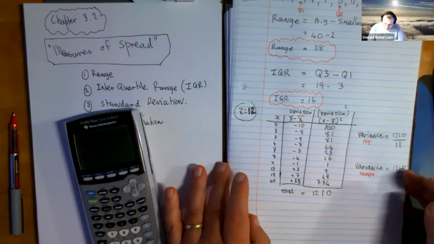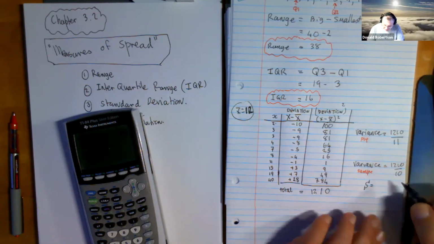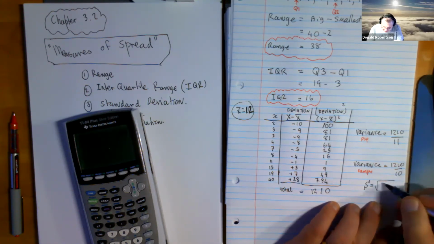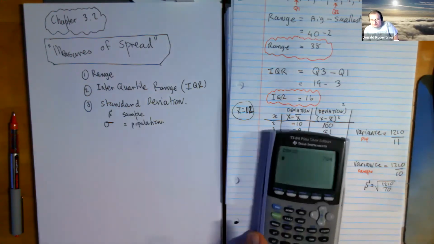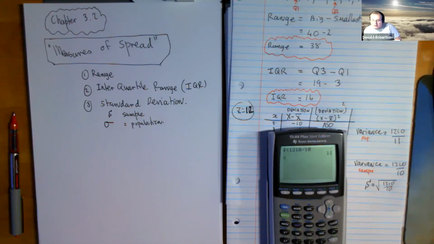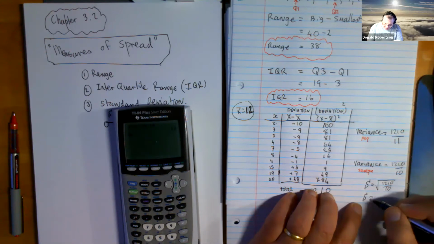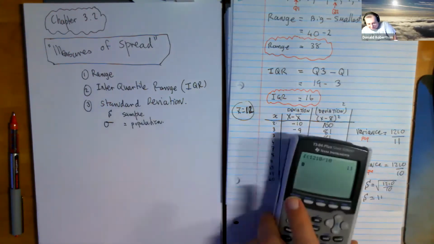And let's see then what the standard deviation is. For the sample, it's called S. So what you do is you now take the square root of that number and you are finally finished. So the square root of 1210 divided by 10 is a remarkably nice answer, because most of the time these are really ugly decimals.